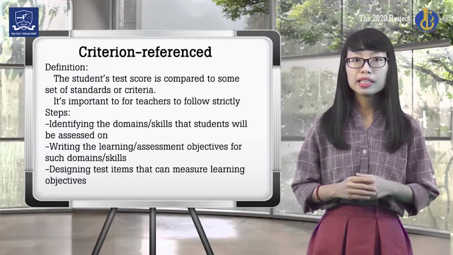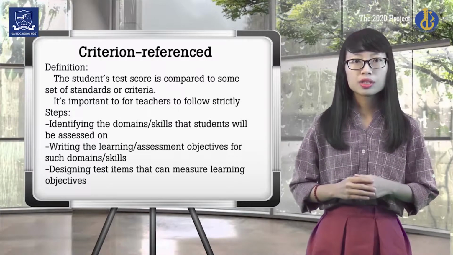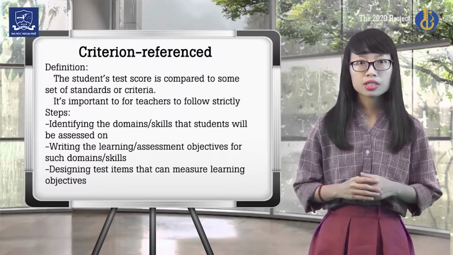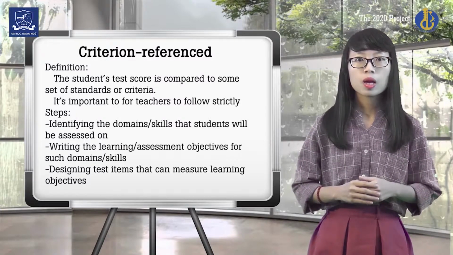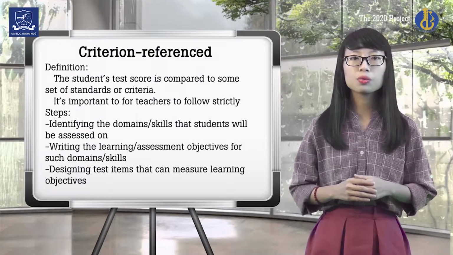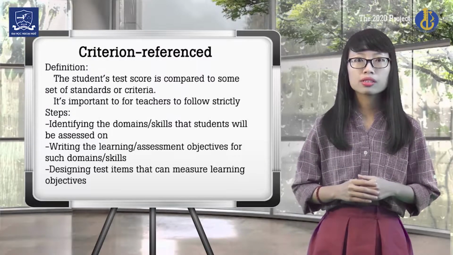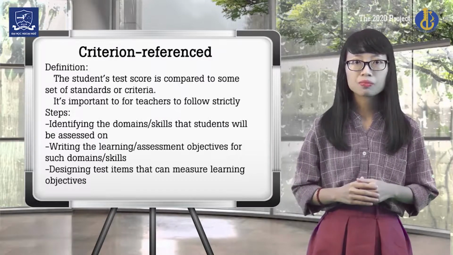However, to make meaningful interpretations, it's important for teachers to strictly follow some steps. First, they have to identify the domains or the skills that students will be assessed on. Then, they have to write the learning or assessment objectives for such domains.